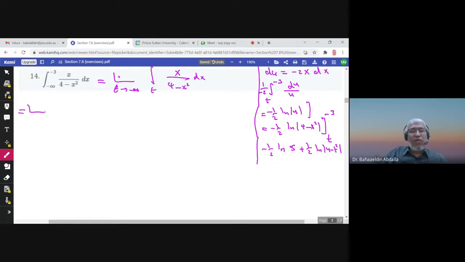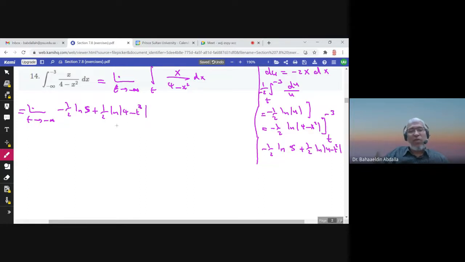So I would have the limit as t approaches negative infinity of negative half ln 5 plus half ln absolute value of 4 minus t squared.